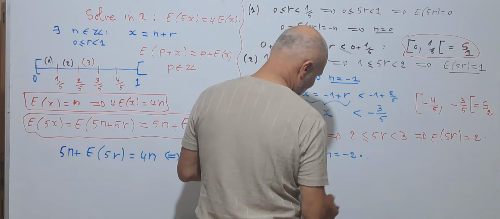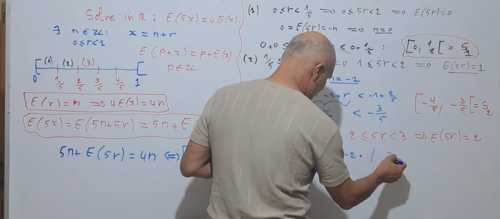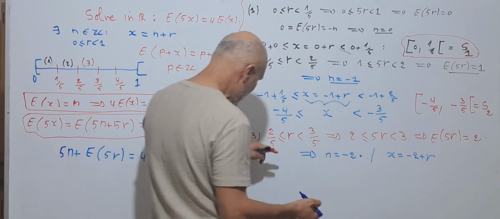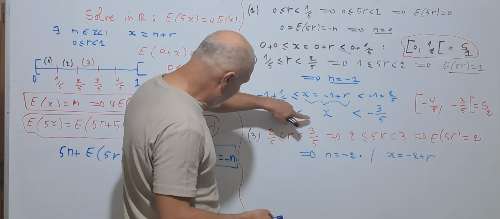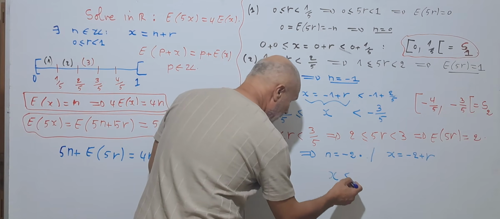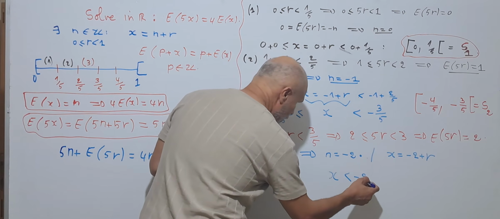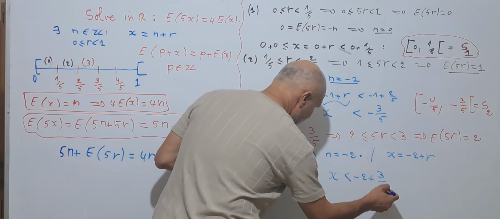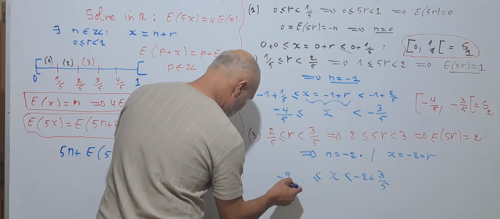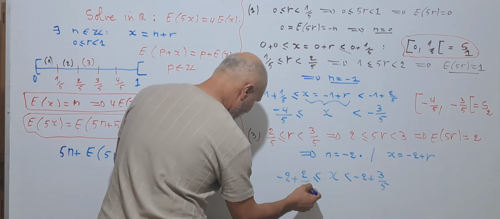But x is equal to minus 2 plus r, and r is between 2 over 5 and 3 over 5, which gives us x less than minus 2 plus 3 over 5 and greater than or equal to minus 2 plus 2 over 5.